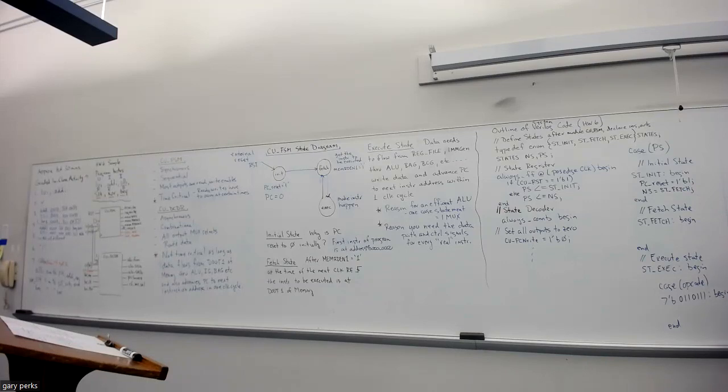Like I said, for hardware 6, where you just run those 6 instructions, a single case statement will be fine for your FSM. But for the final project, you're going to have to come back to this and use either nested case statements or if statements. So we'll talk more about that next week.